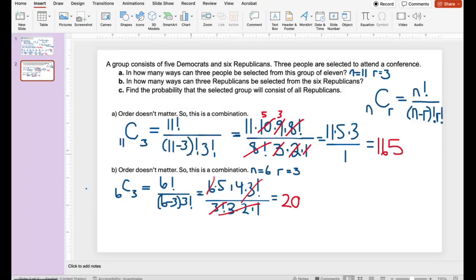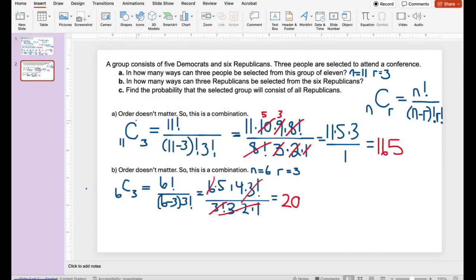Do we subtract the numbers? Well, we're trying to find for it to be Republicans. There's 20 different ways for it to be Republican, right? There's 20 ways to arrange the Republicans. That's what we got for part B, right?